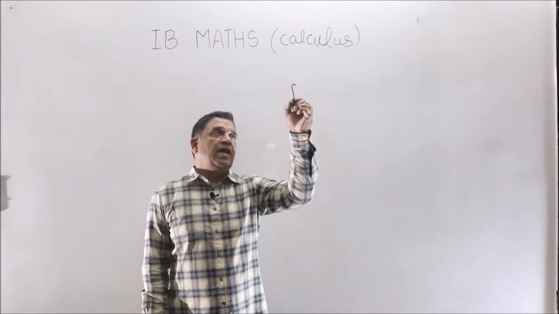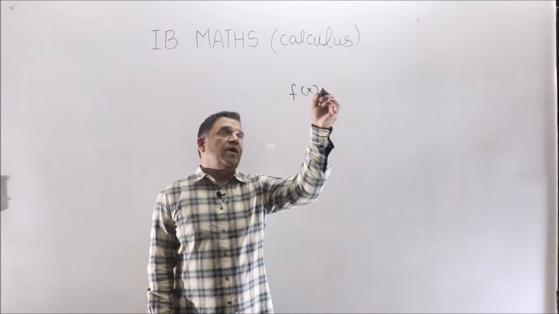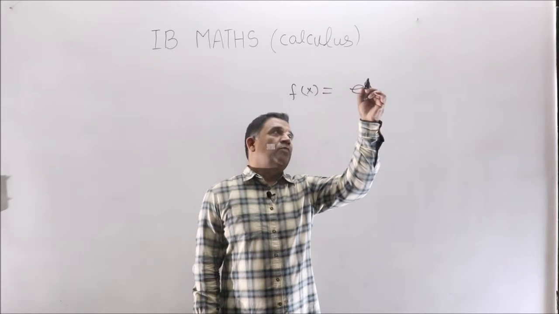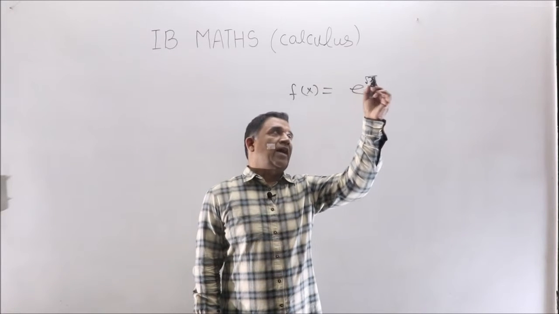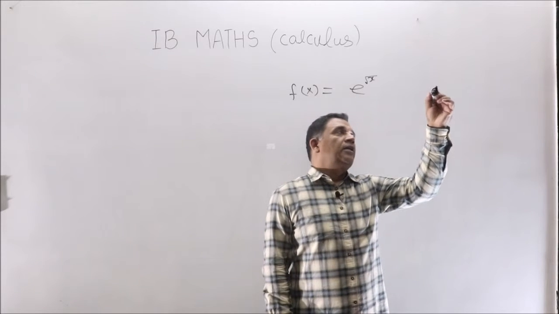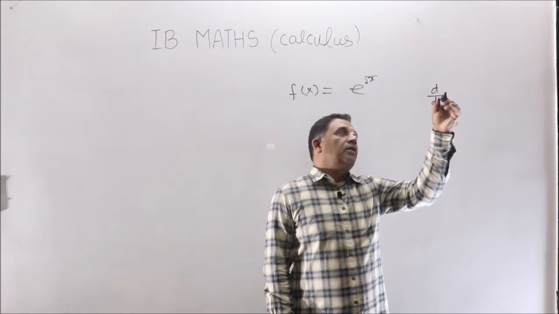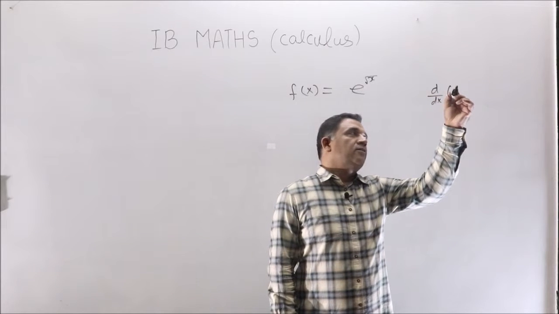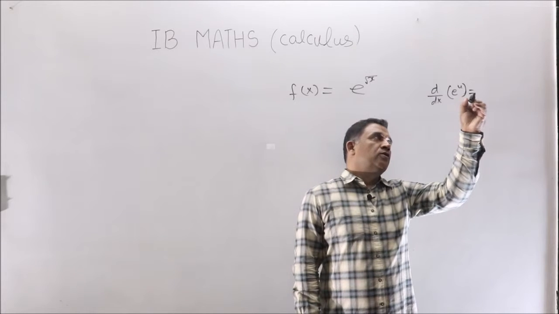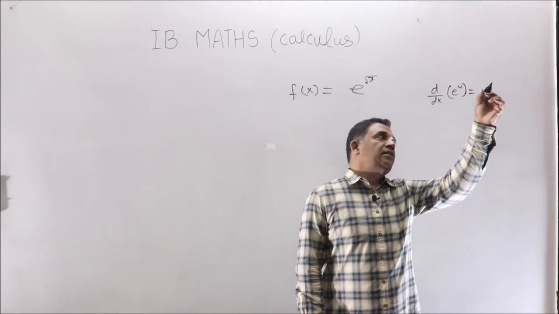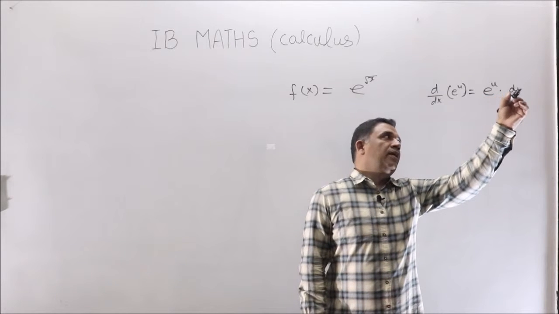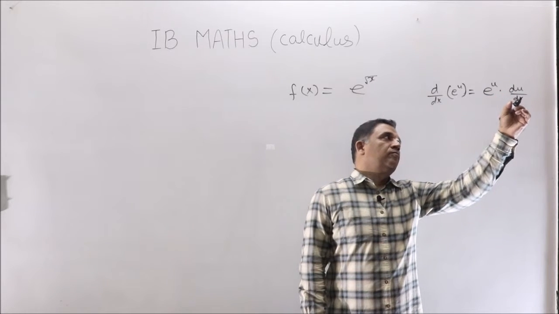If we have a question like this, f(x) equals e raised to power square root of x. So very simple. As we know the formula for the derivative of e raised to power x, or if we remember it like this, e raised to power u, we have e raised to power u times the derivative of u, that is du by dx, with respect to x.